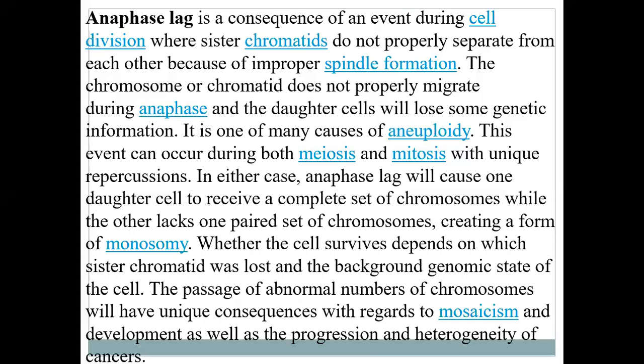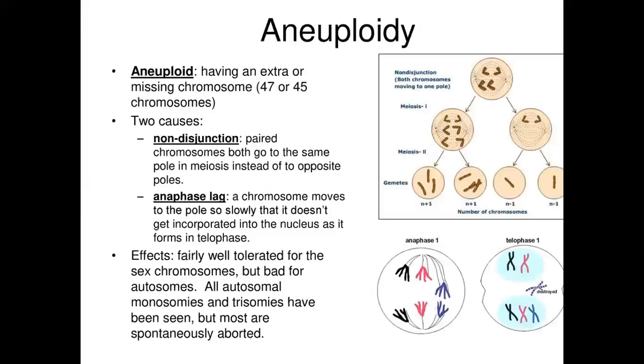It is one of the many causes of aneuploidy, and this event can occur during both mitosis and meiosis. So what do we mean by aneuploidy? Aneuploidy means extra or missing chromosomes.